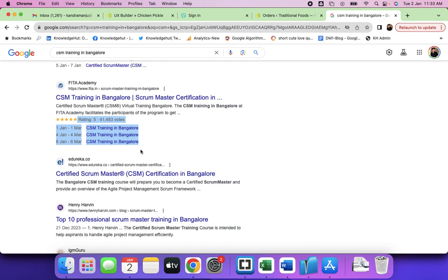The implementation is called schema implementation, and the output or presentation of the same is called rich snippets, or people just call it schema. So by implementing something like this, there are various kinds of schemas: author schema, rating schema, review schema, recipe schema, and then event schema.